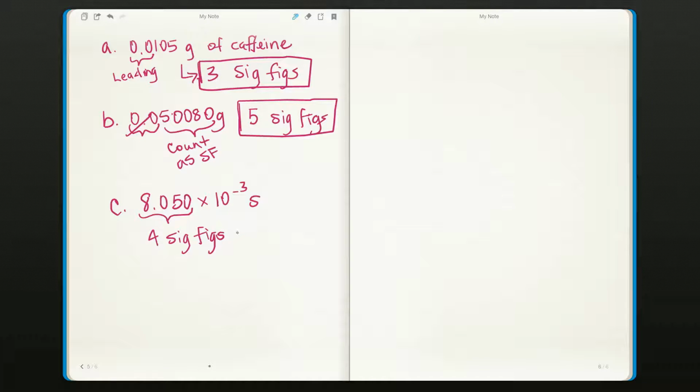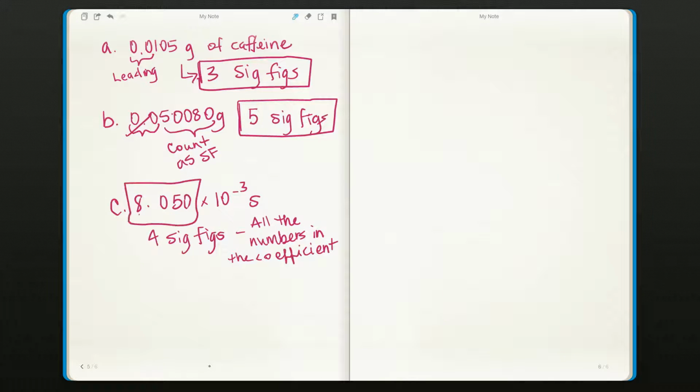So all the numbers in the coefficient, this number here, in any scientific notation, that is your coefficient. So all the numbers in the coefficient count as sig figs.